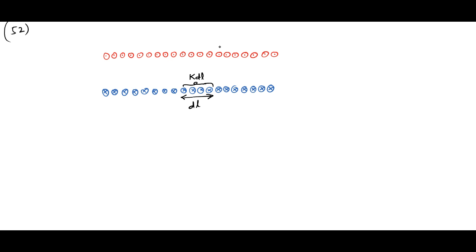So if I take a width dl here, then the total current which is now flowing towards you is k times dl, the same k for the upper plane as well as the lower plane.